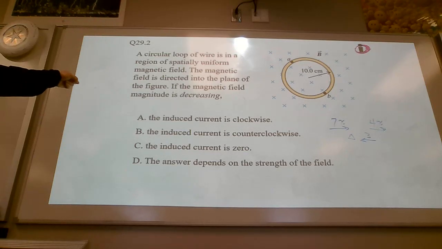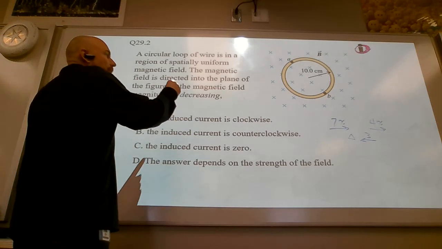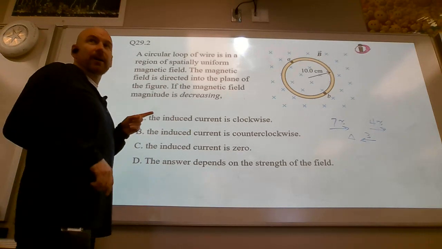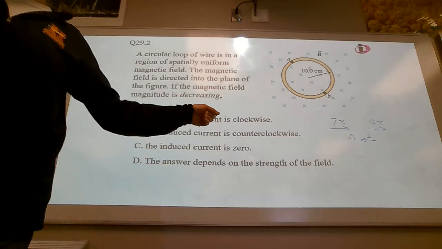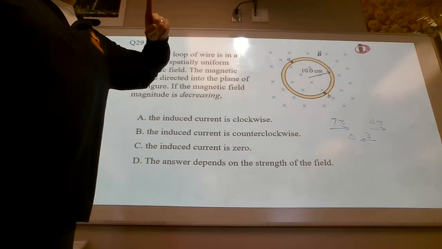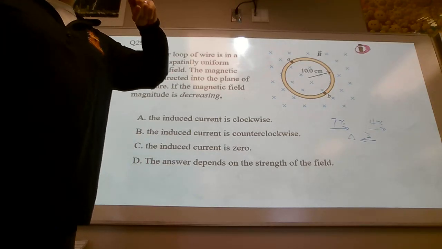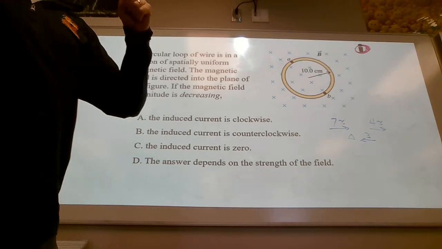Okay? Now, what we really care about is what's happening to the change in flux. Because the magnetic field is decreasing, the direction of the change in flux is going to be out of the page. Okay, good with that? That's the direction of the change in flux.